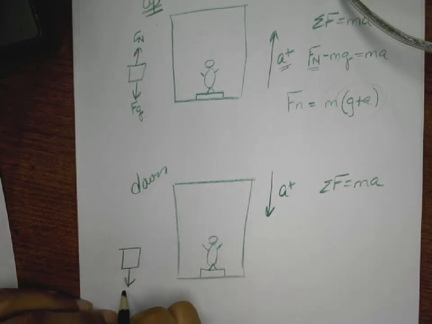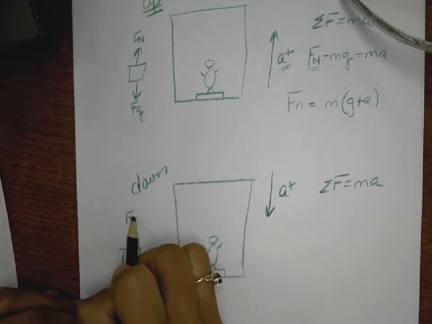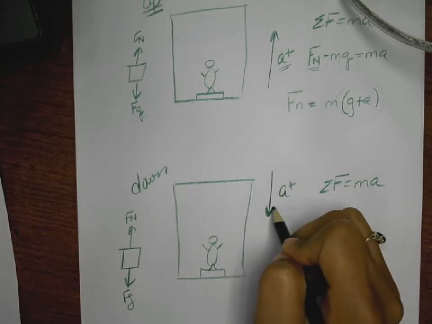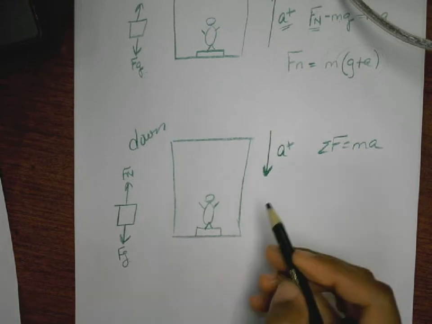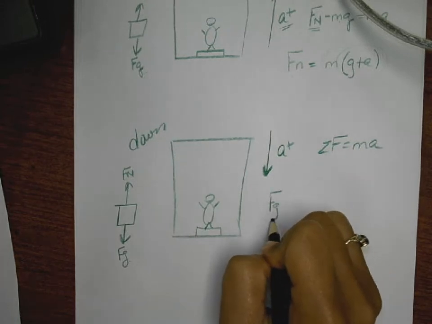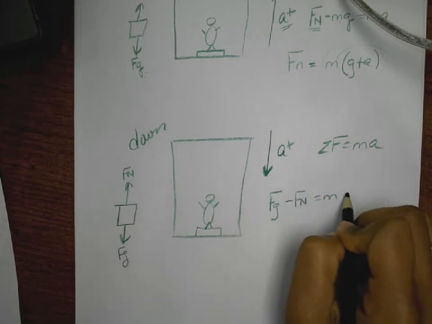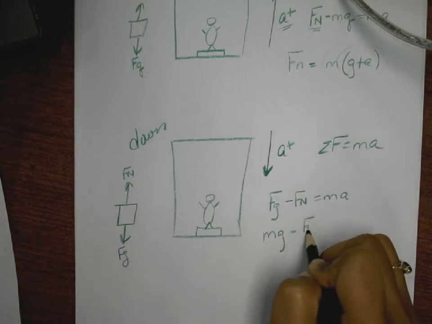And again, I have force of gravity, which I often call mg, and I have normal force, which I call F_n. But since down is positive, that means F_g is positive. So I'm going to say F_g minus F_n is equal to ma. And I'll break this down in a bit more detail.